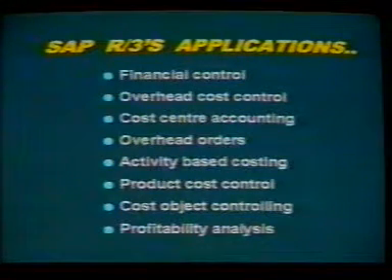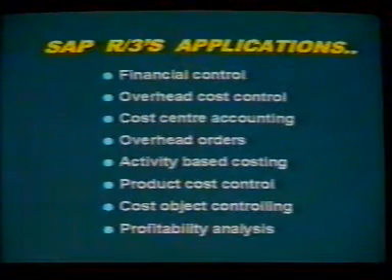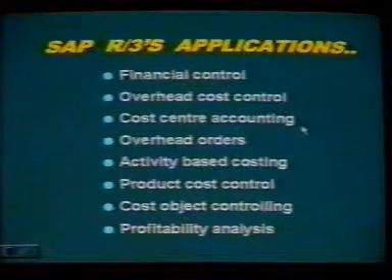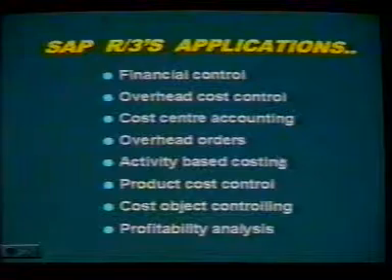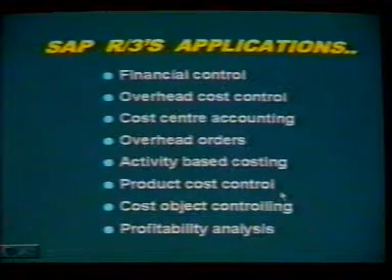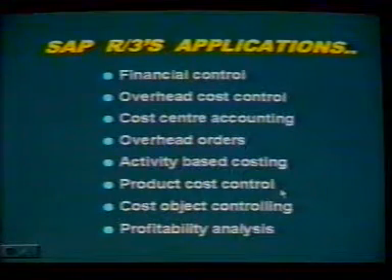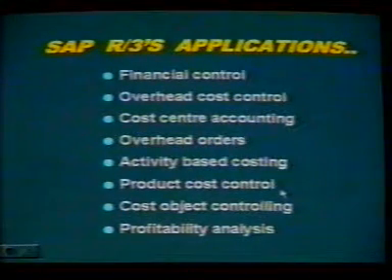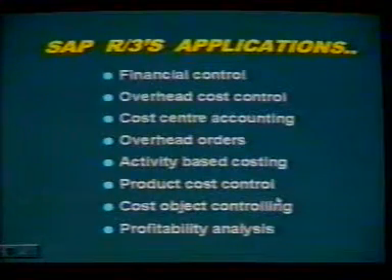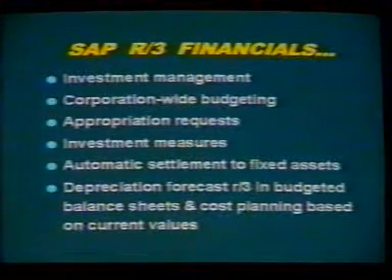SAP markets its ERP under the R3 name, this is revision 3, that applies to financial control, overhead cost control, cost center accounting, overhead orders, activity-based costing. What one particular activity costs can be handled by this ERP package. Then product cost control, cost control for a particular product, how much cost is involved in production of that particular product. Cost object controlling, profitability analysis is also handled by this financial package of ERPs provided by SAP.